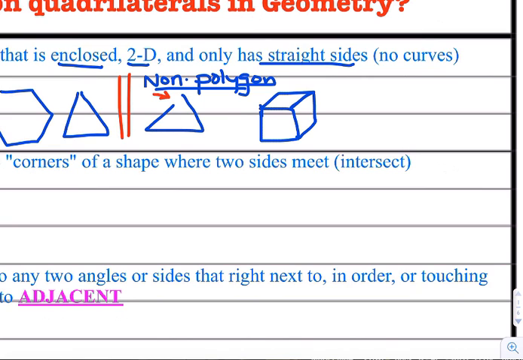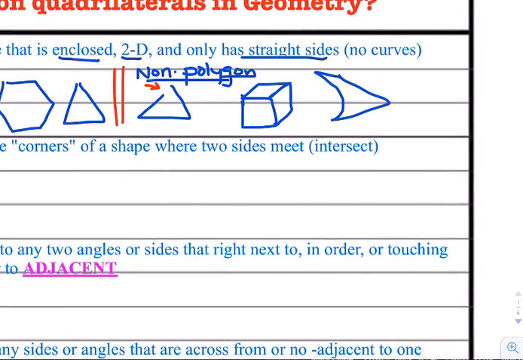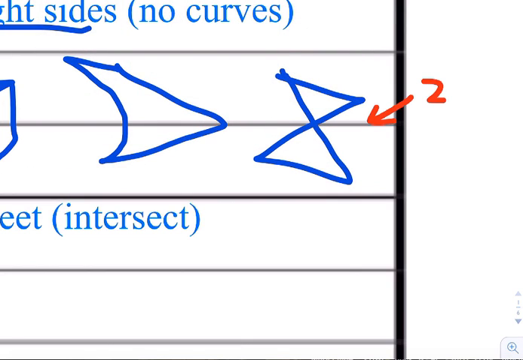If we want to evaluate the straight side part, all we have to do is make one side curved. Something like this would not be a polygon because of that curved line. Also, just as a note, this is not a polygon either, because even though it is enclosed and has straight sides, this is technically two polygons, and because these are two polygons, it's not a polygon.